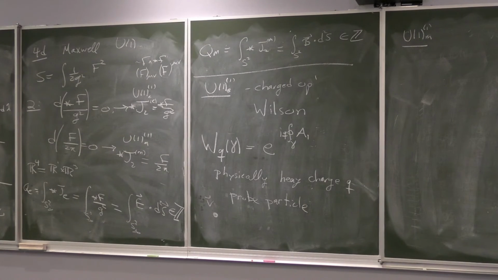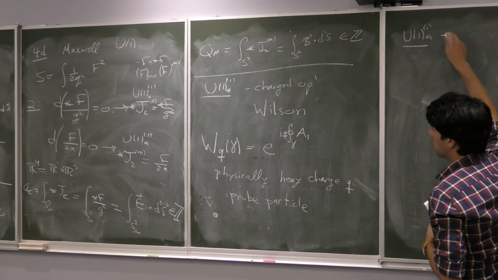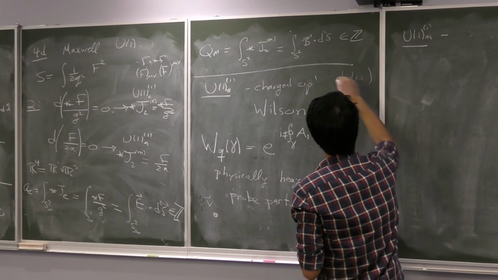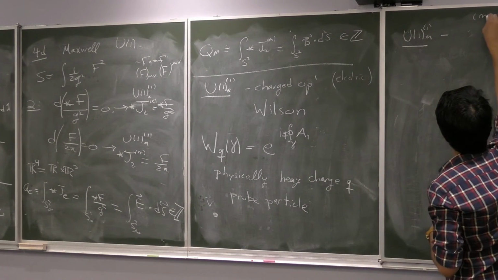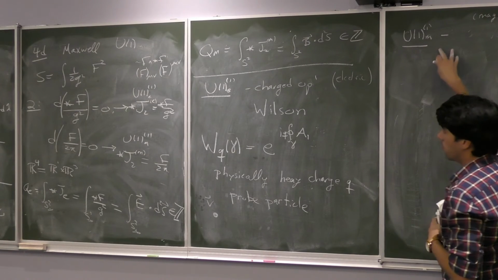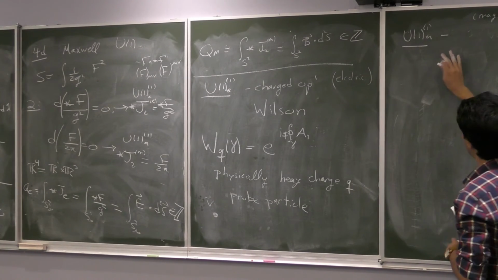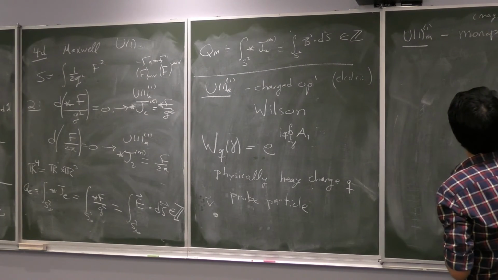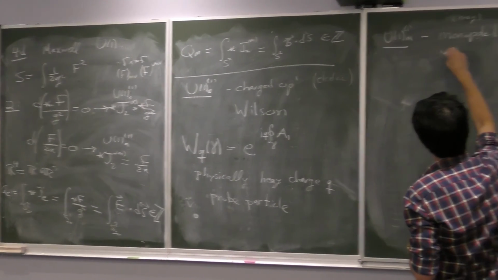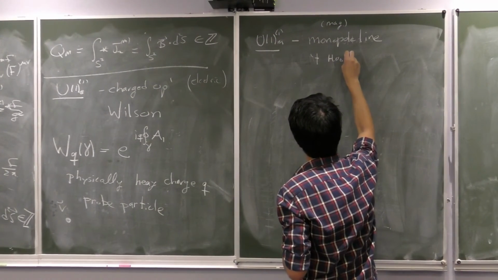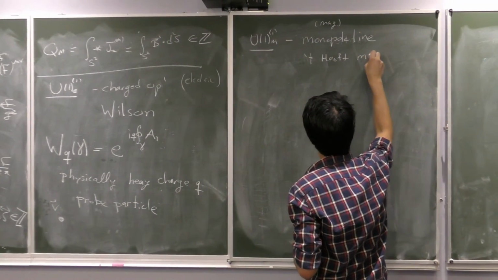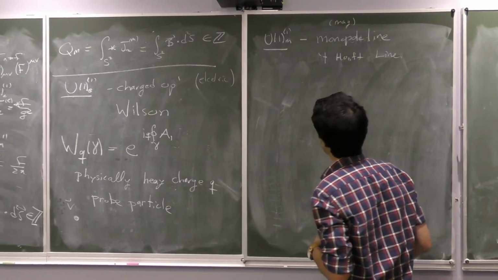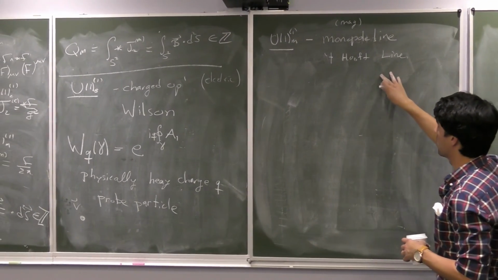So for the E1 magnetic symmetry, we're calling this electric and magnetic symmetry. The charge operator for this theory is the monopole line, which is also sometimes called the 't Hooft line, or a 't Hooft defect.